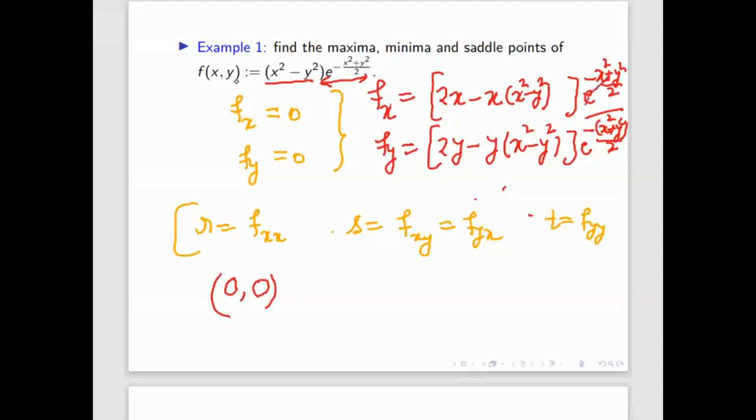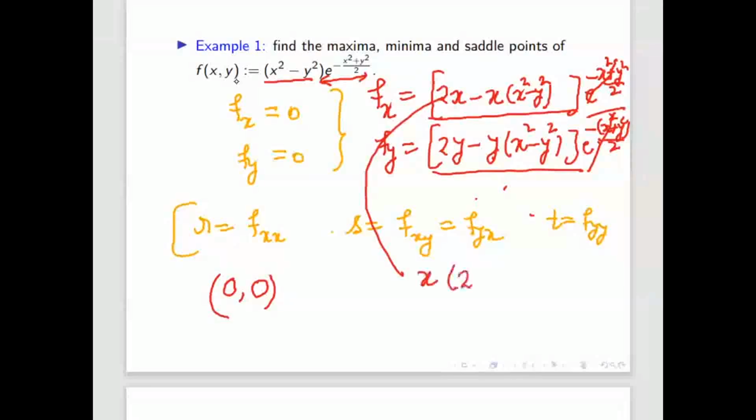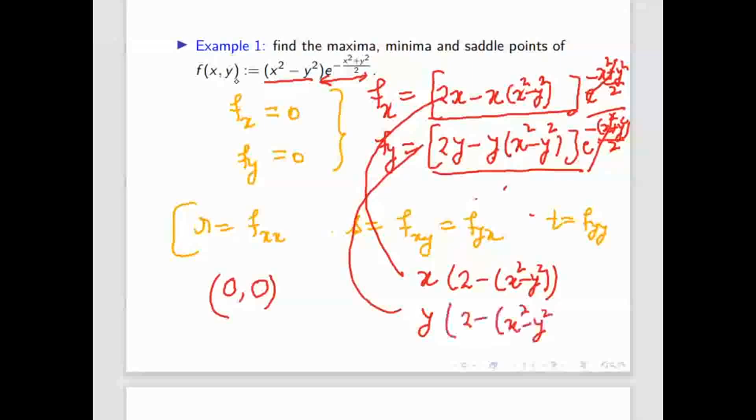The e to the power function is never 0, so it cannot be 0. Only the other quantity will be 0. From here, if you take x common, you will get x equal to 0 or 2 minus x square minus y square equal to 0. And in the second, if you take y common, you get y equal to 0 or 2 minus x square minus y square equal to 0.